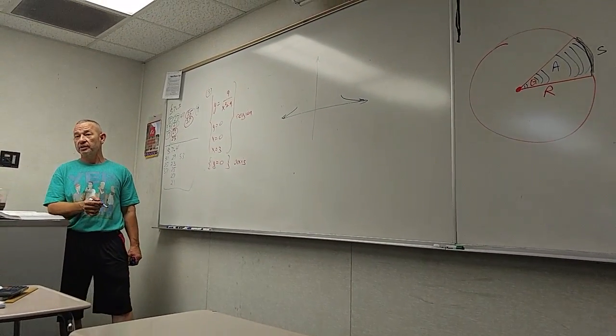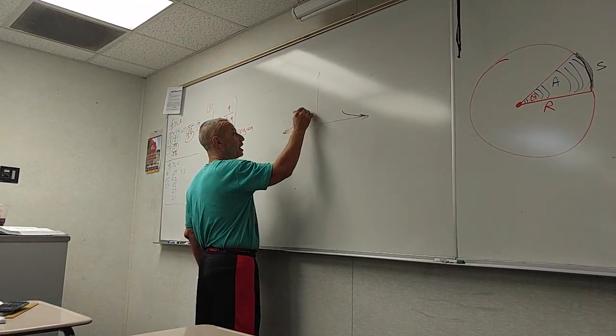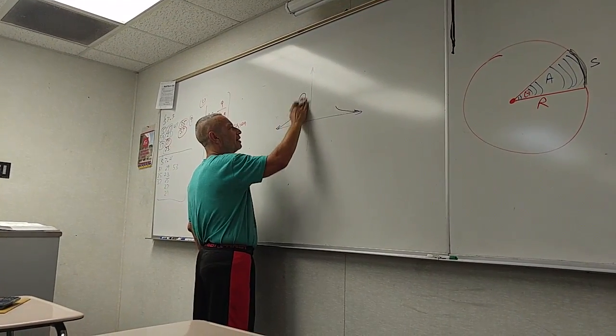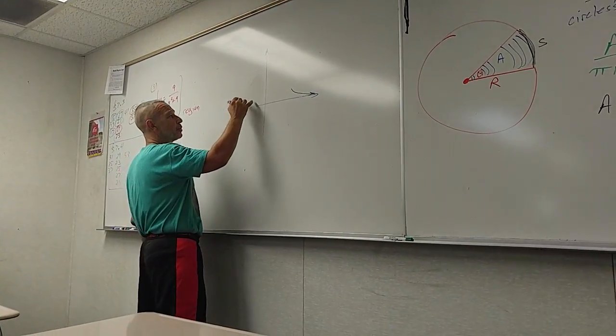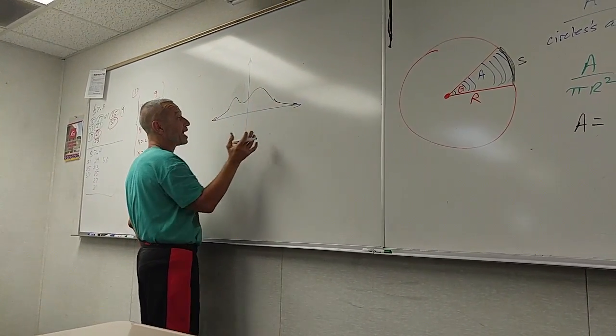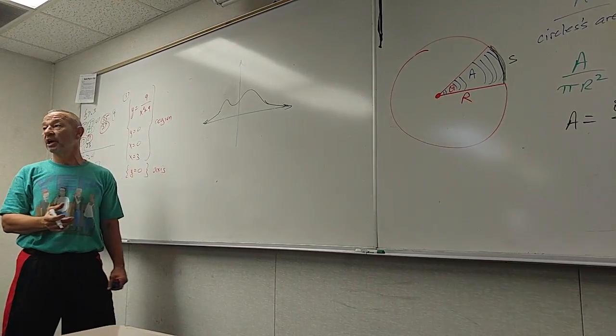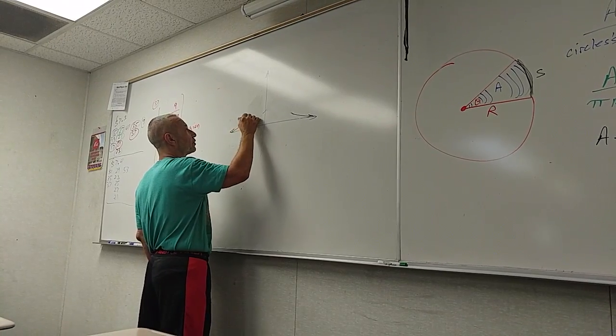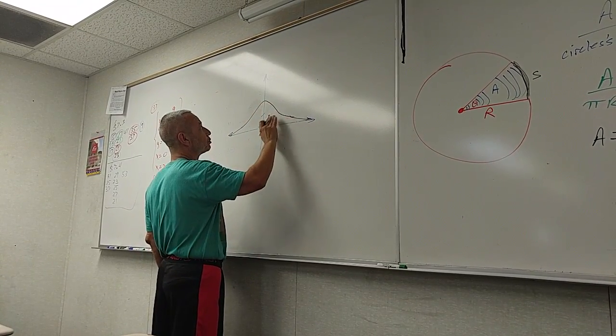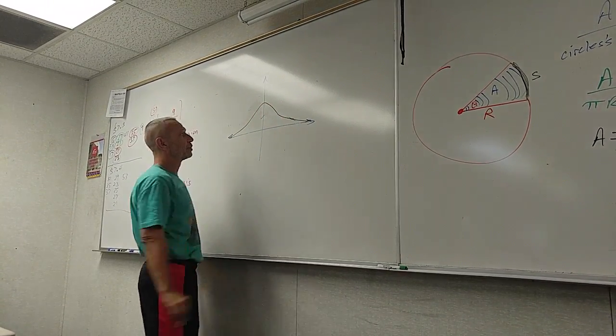It's a function, right? No loop-de-loops or anything like this. It could have several maxes and mins, but it's always up here. We don't know for sure. Actually, maybe from your prior experience, you do remember that it looks like this, sort of like a normal distribution in a statistics class.